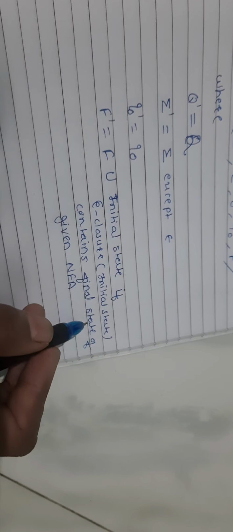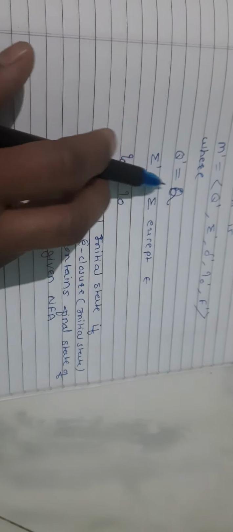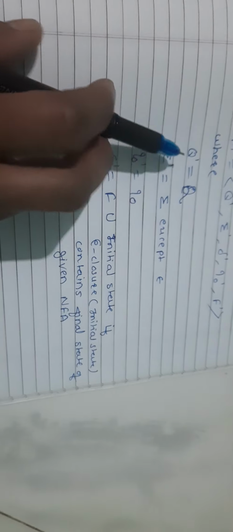If the epsilon closure of the initial state contains a final state of the given NFA, then mark this initial state as a final state. So here we can obtain the 4 tuples from the given NFA: Q dash, sigma dash, Q0 dash, F dash.